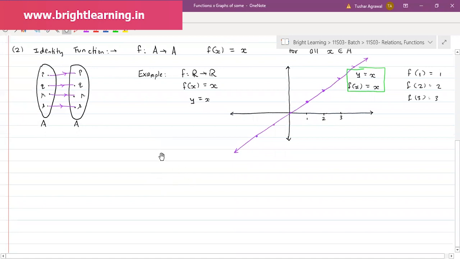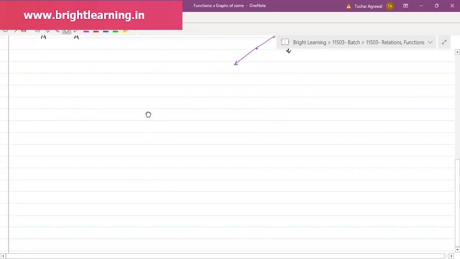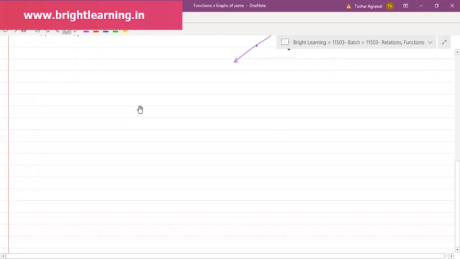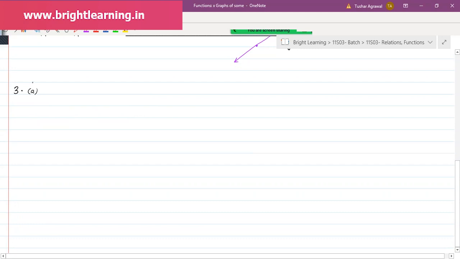Now we will see some basic polynomial functions. Okay. Polynomial functions is what? All the kinds of polynomial equations you know. A polynomial expression is given. Now 3.a is what?